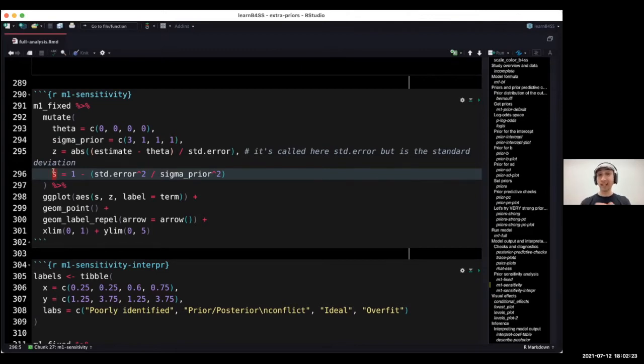So you want s to be as high as possible. z, as I was saying, is the posterior z-scores, and you want that to be as low as possible, and it's only positive values. So you have 0 and above, and generally you should think about values between 0 and 5 approximately, and you want z to be as low as possible for your model.